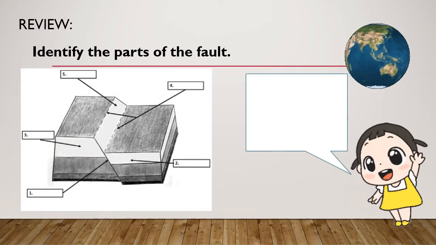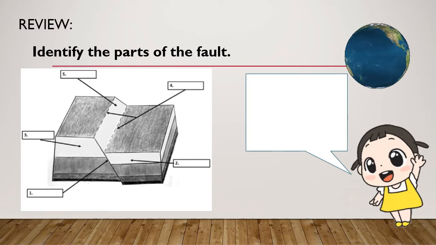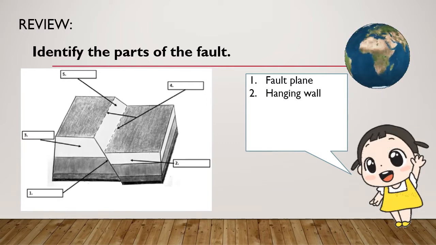Next, let's see who among you can identify the parts of the fault. What do you think is the name of the number one there? Very good. It's a fault plane. How about number 2? Good job. It's a hanging wall.